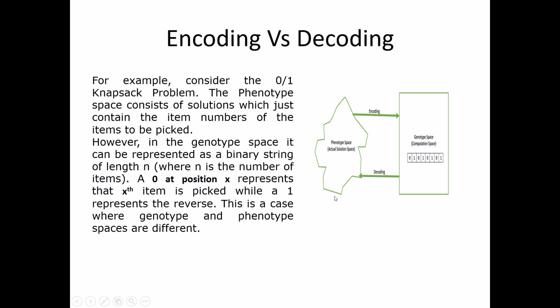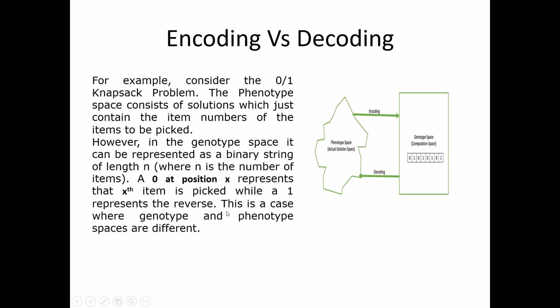We have a lot of solutions, so we have to encode them into the genotype space, which is a computational space. Consider a 0 at position x representing that item x is not picked, while a 1 represents the reverse.